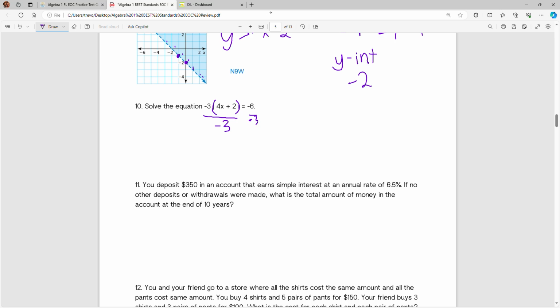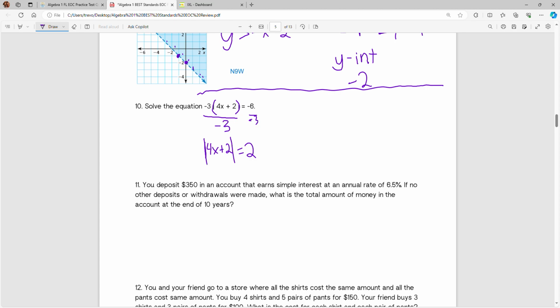So I'm going to be left with the absolute value of 4x plus 2 equals, a negative divided by a negative is a positive, and 6 divided by 3 is 2. And now this is where solving an absolute value equation is different than solving a regular equation.